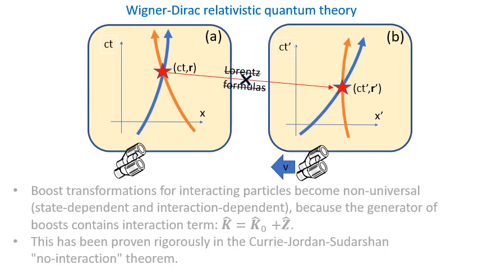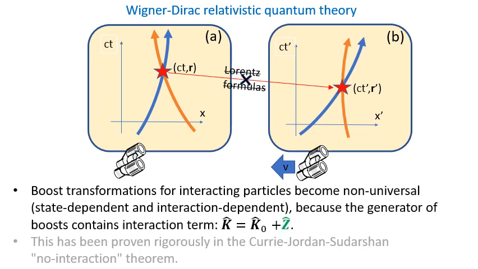Let us now repeat the same derivation for interacting particles. The interaction has to be relativistically invariant in the Dirac sense. Apart from that, it doesn't matter which type of interaction we choose. For example, we can imagine two charges moving freely and interacting by a Coulomb-type force. Then it can be shown that the coordinate transformation is no longer given by the universal Lorentz formulas.